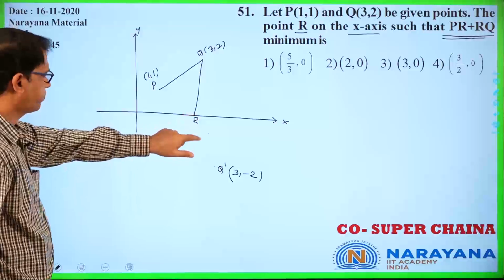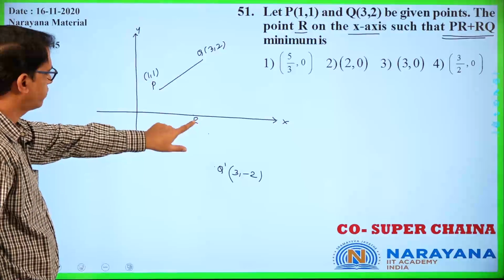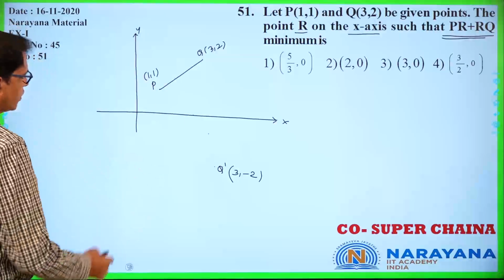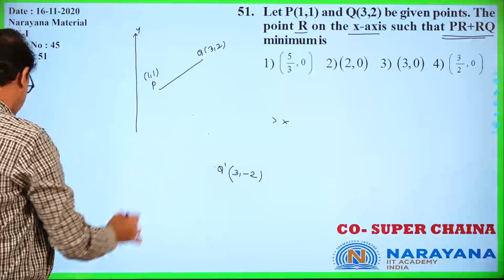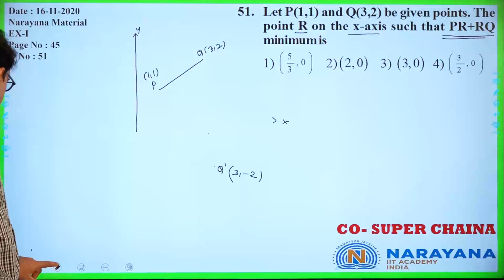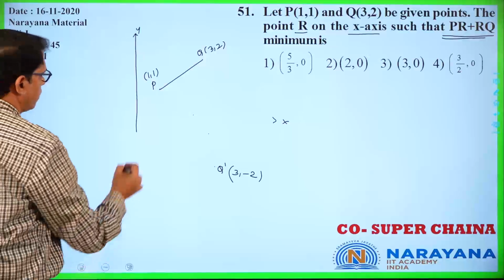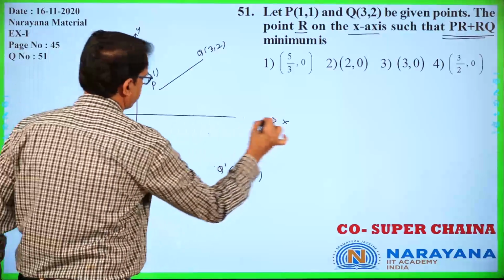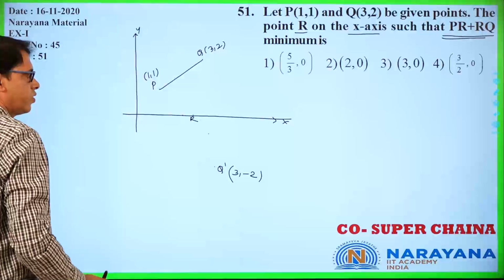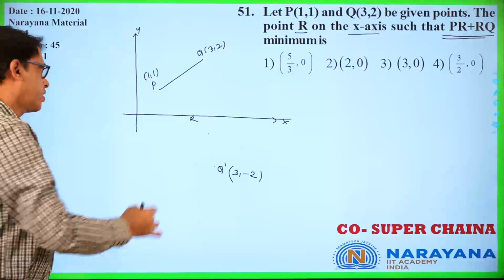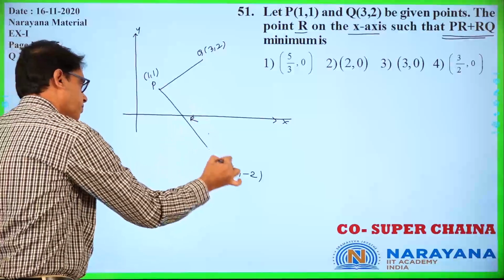Take R here, somewhere here. If they are minimum, then these 3 must be collinear.